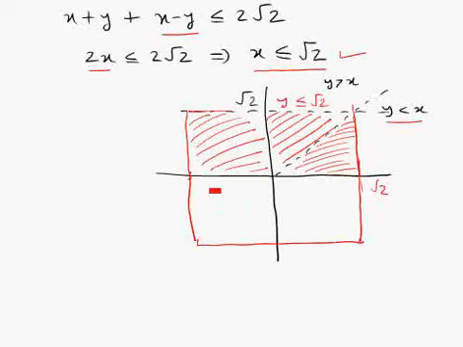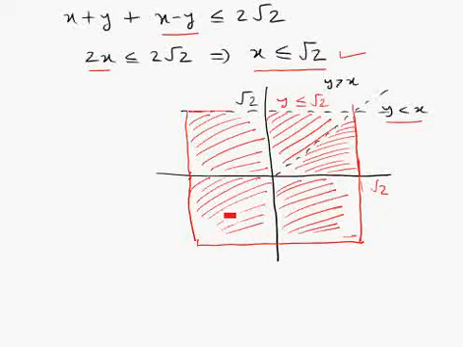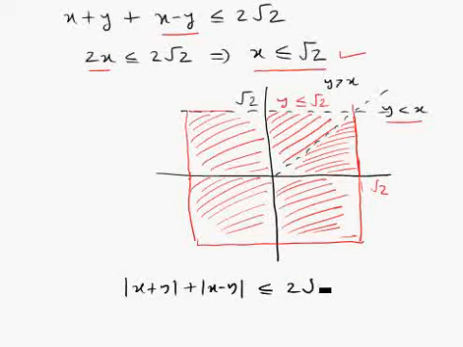So we take the symmetry of the whole figure about the x-axis. So what we got here is that this inequality, |x + y| + |x − y| less than or equal to 2 root 2, is representing this square of side length 2 root 2.